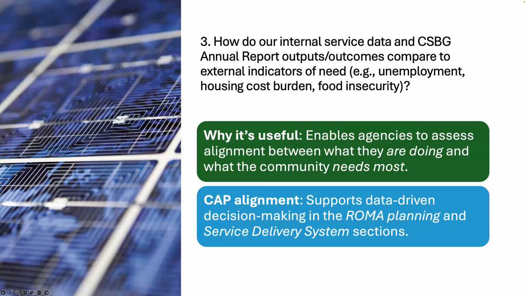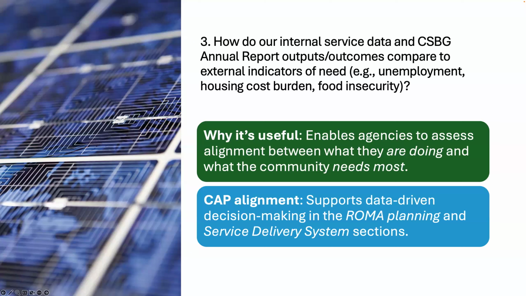Question 3, how do our internal service data and CSBG annual report outputs and outcomes compare to external indicators of need? So when we're looking at the actual outcomes and outputs of our services, does that align with the data that we're getting from the community? Right.